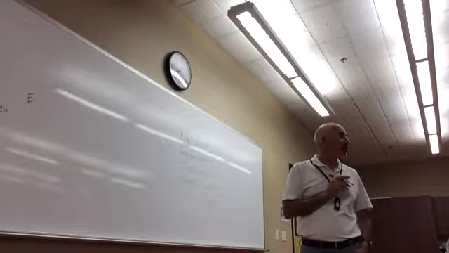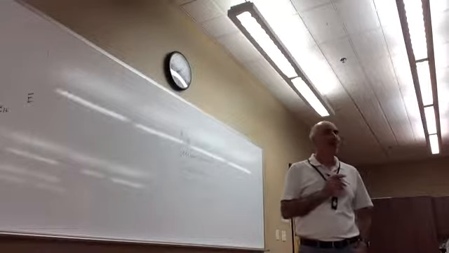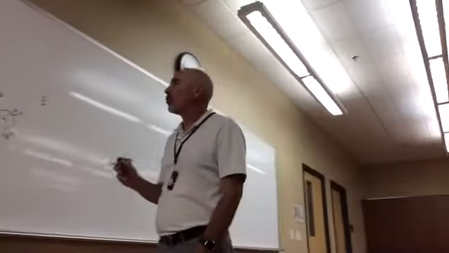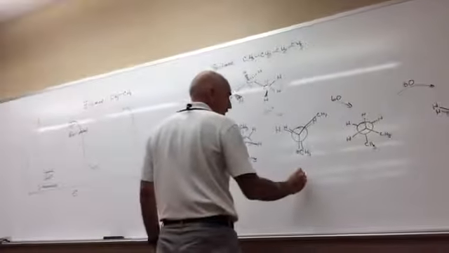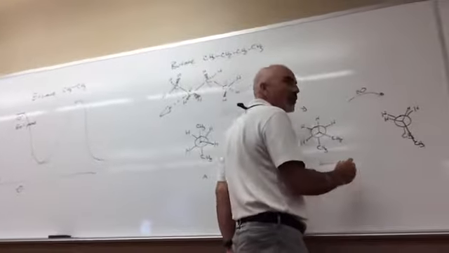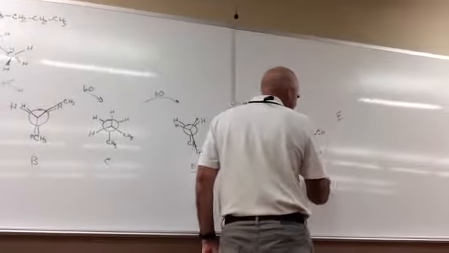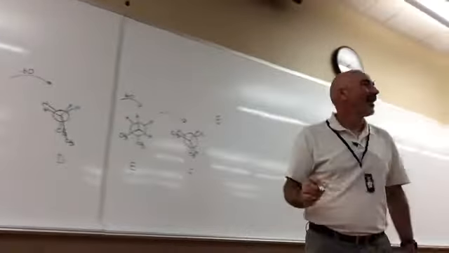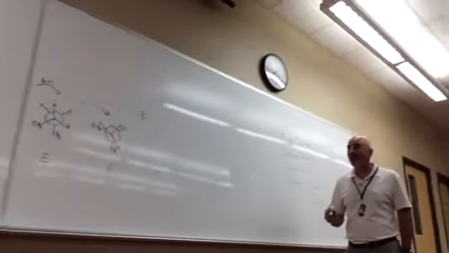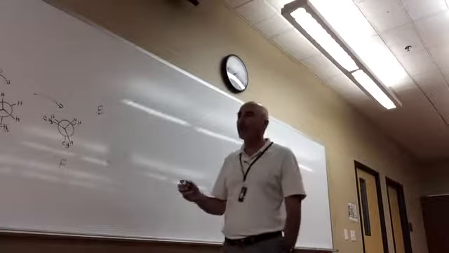I saw a hand motion. So which one do you think? We'll number it. A, B, that's his joke. C, D, E, and F. Okay, we'll letter it. All right, which one do you think? A? Okay, so A should be the lowest energy.